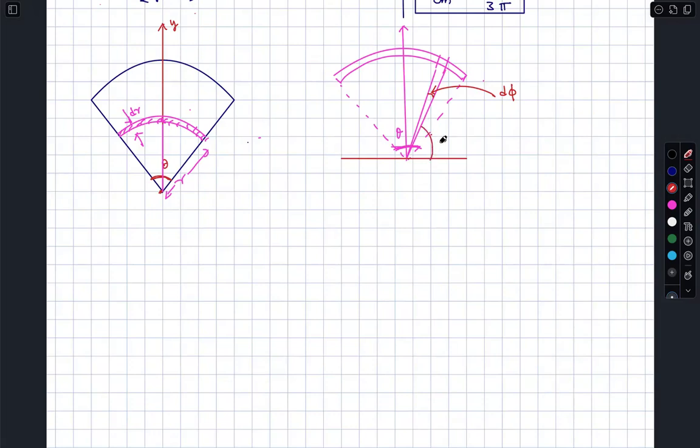And this angle is phi. Remember, what are the limits of phi? Phi tends from this point till this point: 90 minus theta by 2 to 90 plus theta by 2.